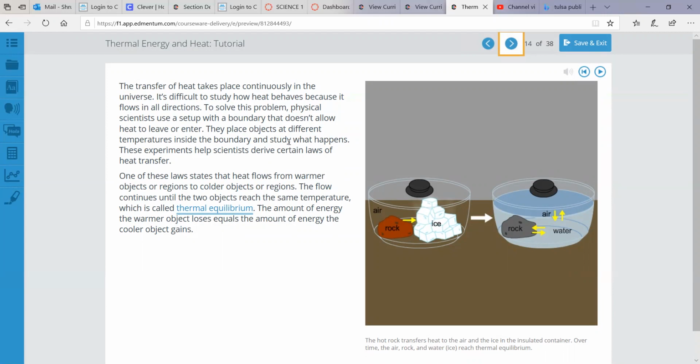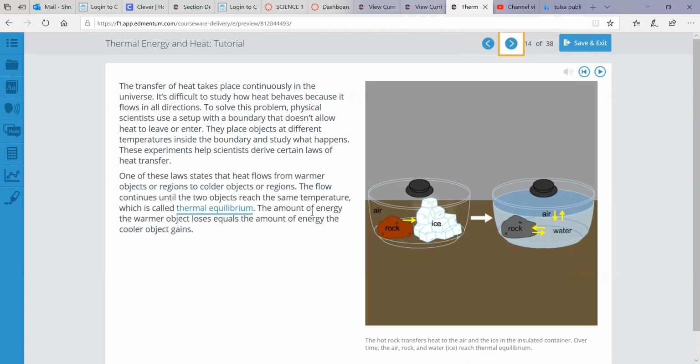So it's all self-contained. They put objects at different temperatures inside the boundary, and then they study what happens. So these experiments can help derive or come up with certain laws of heat transfer.